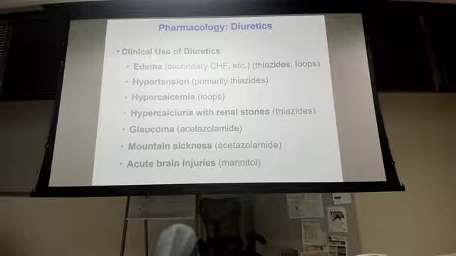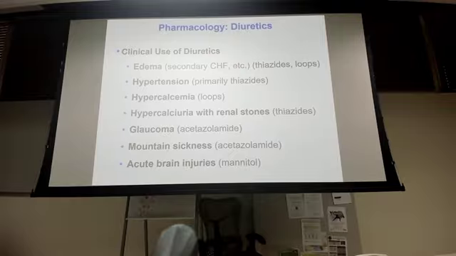Hypertension, we know it, we've talked about it. Kidney stones, we talked about it. Give a thiazide. Calcium is not unique to the thiazides, but it's unique for kidney stones, in that we can get the thiazides to put the calcium into the blood, take it out of the kidney, to reduce the kidney stone burden.